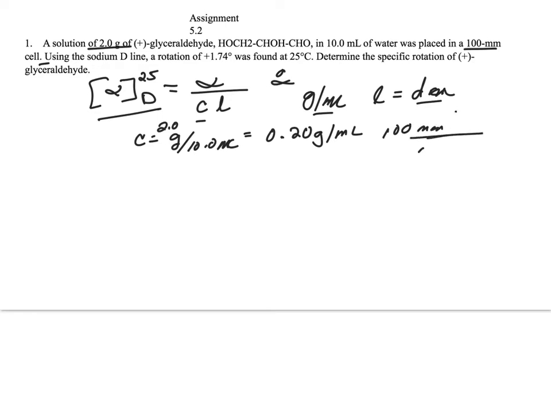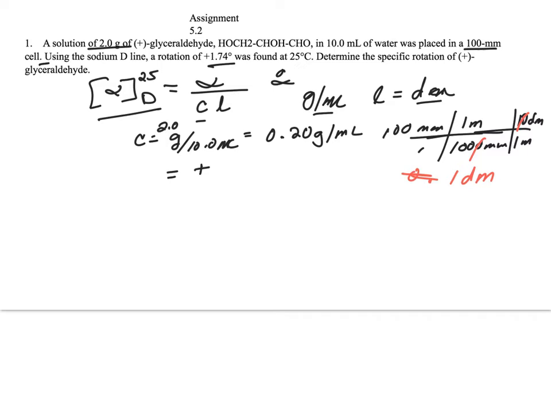Okay, so then we got to convert that to decimeters. So 1,000 millimeters in 1 meter. 1 meter, you have 10 decimeters. So then you cancel out your zeros, 100 divided by 100 is 1 decimeter. So now you can just go, make sure this is positive. That means it rotates a single plane of light.